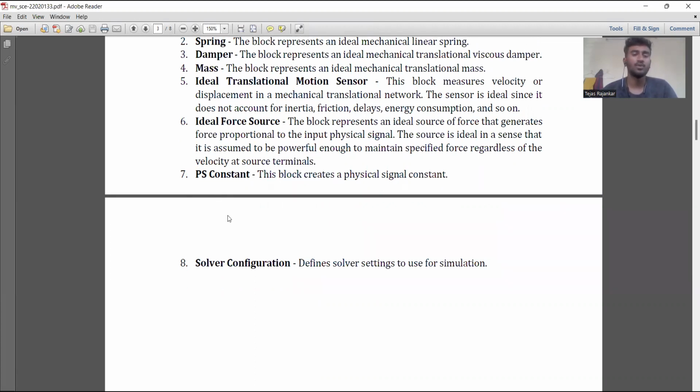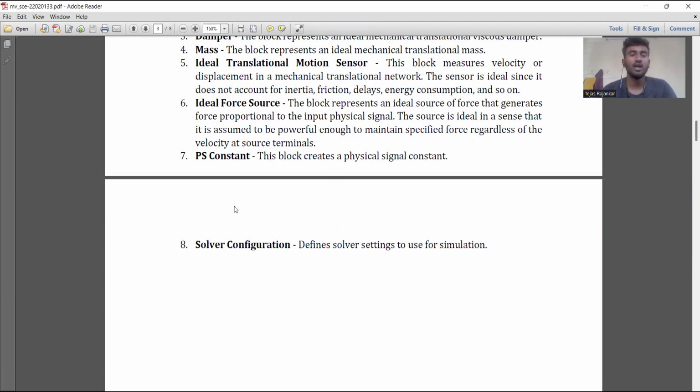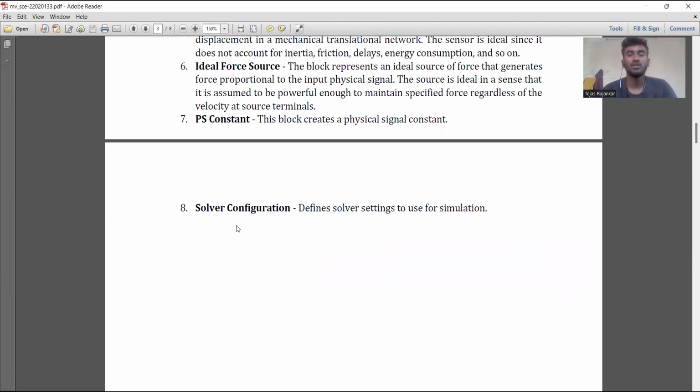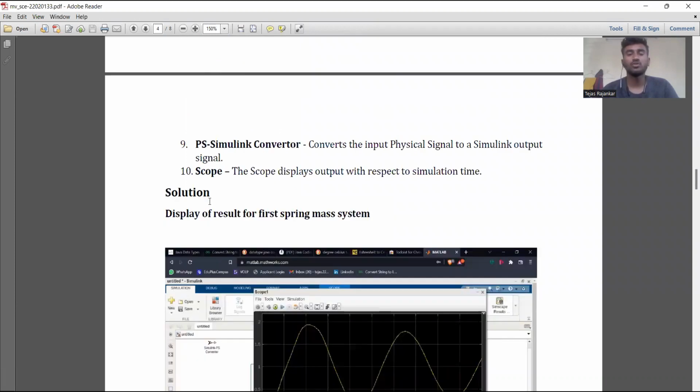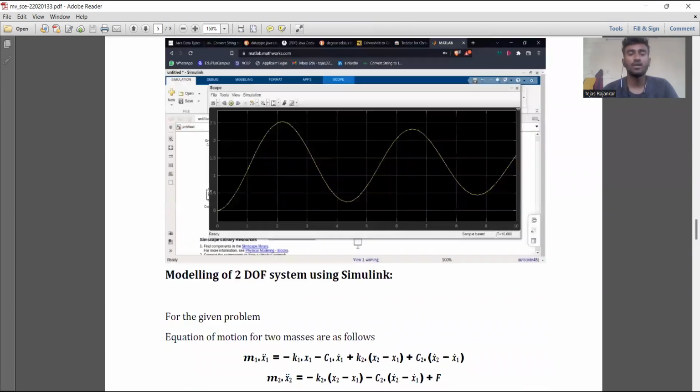The seventh one is the PS constant. This block creates a physical signal constant. And the last one is the solver configuration, which defines the solver settings to use for simulation. So this was all from my side.